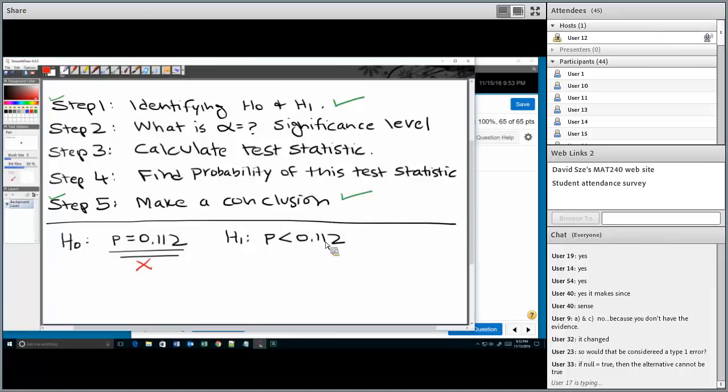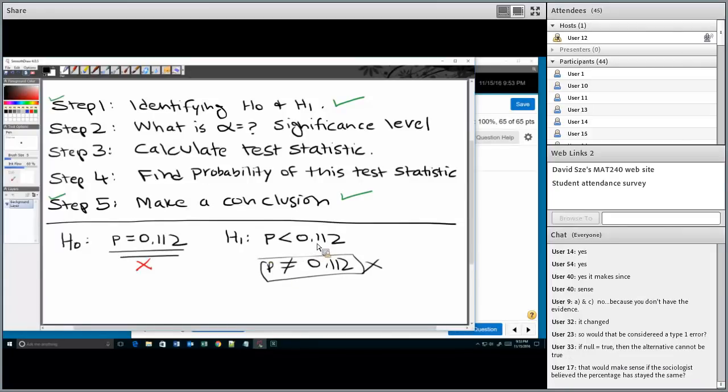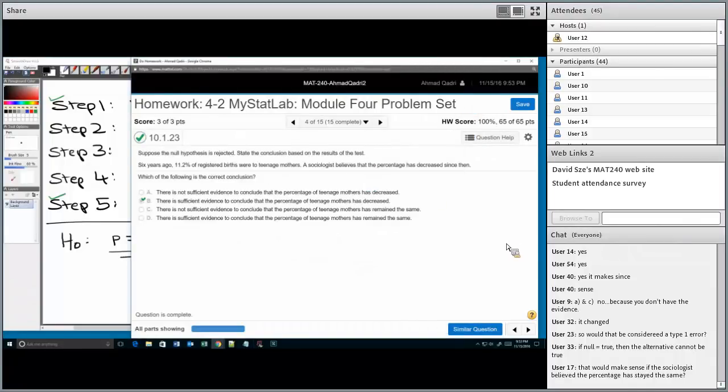We're testing the alternative hypothesis that P is less than 0.112. That would make sense if my alternative hypothesis was that P is not equal to 0.112, right? But that's not what we're testing. We are testing this, so we have to make a conclusion that it has decreased, right? That has to be part of the conclusion statement.